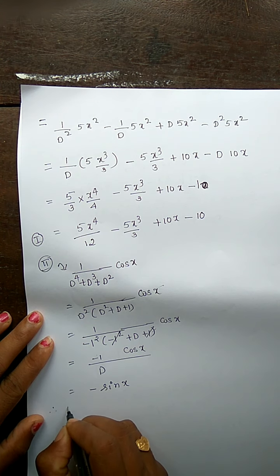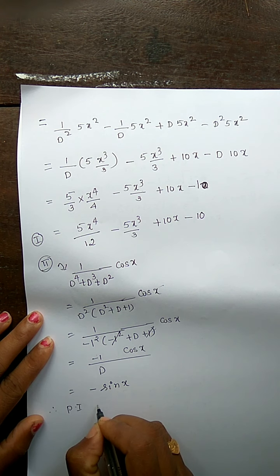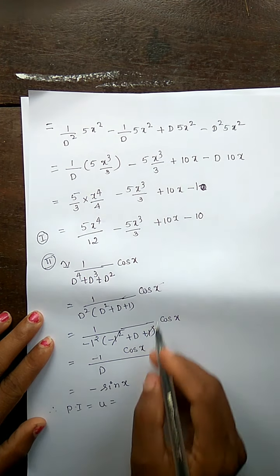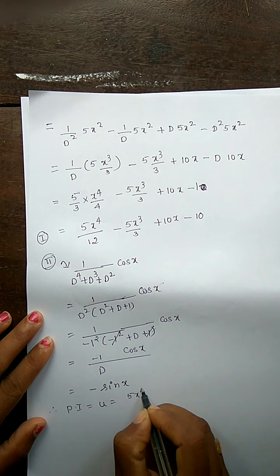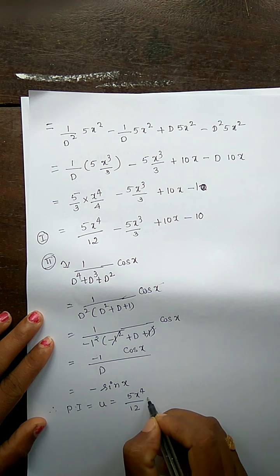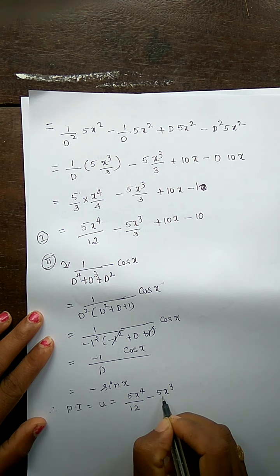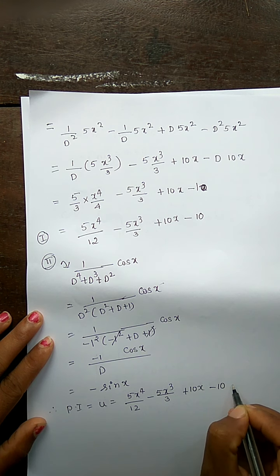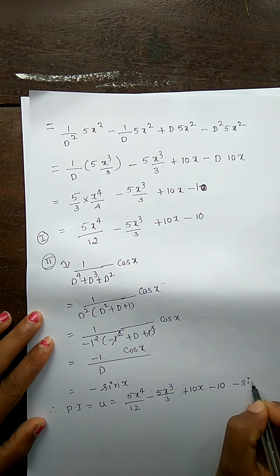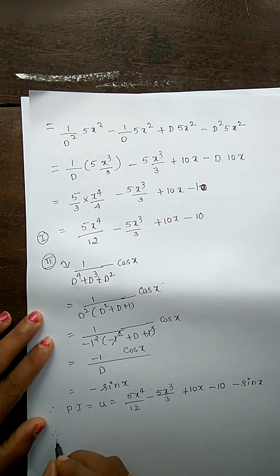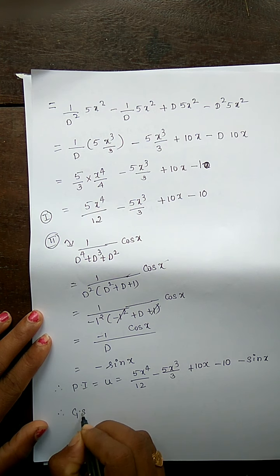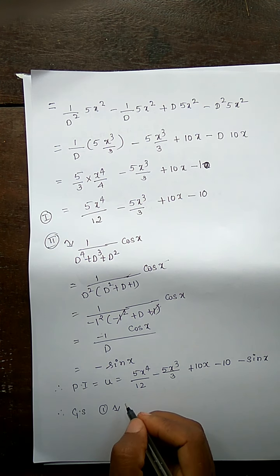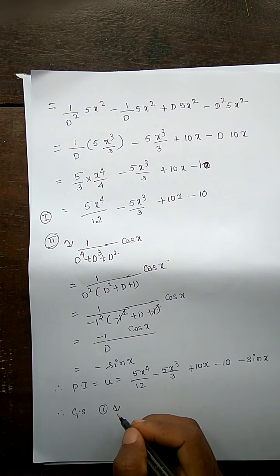So therefore, particular integral of given differential equation is u is equal to, we can write the previous we obtained as 5x power 4 by 12 minus 5x power 3 by 3 plus 10x minus 10 minus sin x. Therefore, general solution of equation number 1 is sum of the complementary function and particular integral.